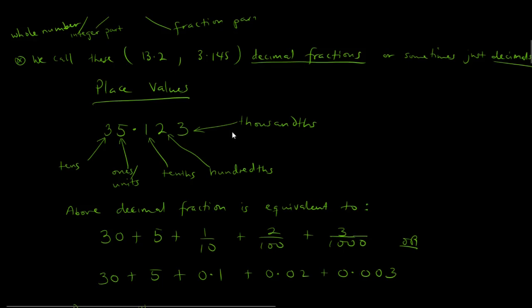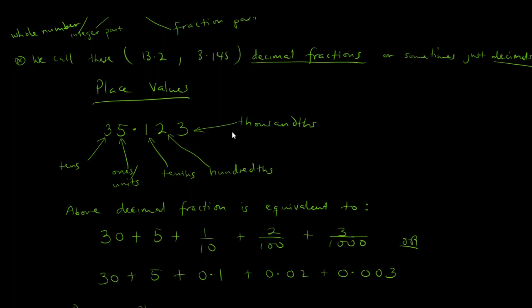Now let's go over the place values. The number 3 is in the tens column. The 5 is in the ones or units column. And then here's the decimal point. Then the 1 is in the tenths column. The 2 is in the hundredths column, and the 3 is in the thousandths column.